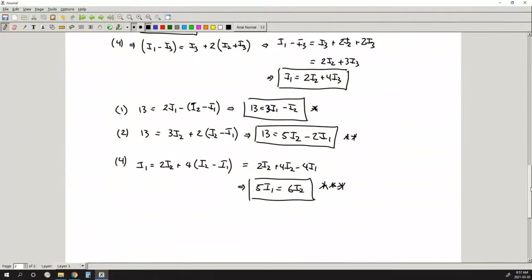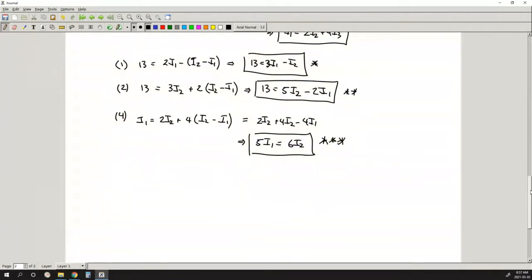So we're really getting down to being able to solve for these values. We're getting down to a point where we have clearly more equations than we need to solve for the number of unknowns that we have. So let's just solve for one of them. Let's solve for I1. We can do that simply by looking at equation 3 stars here.